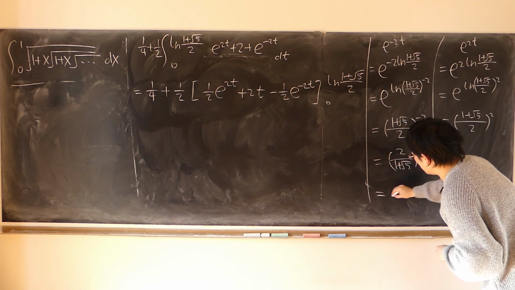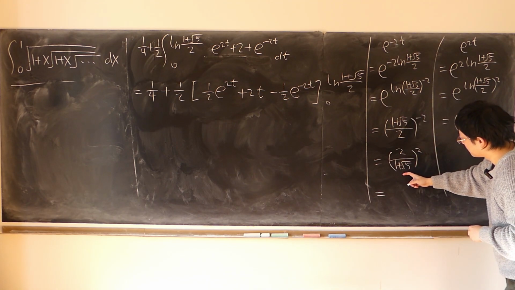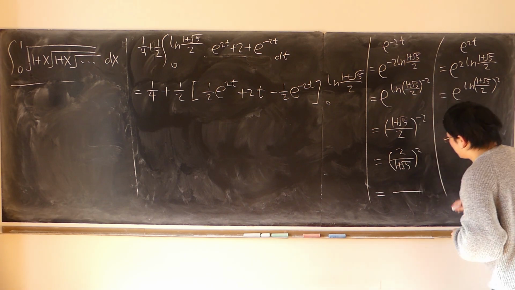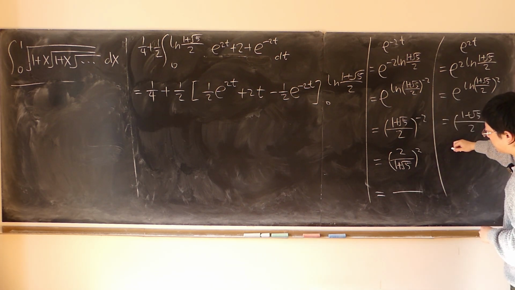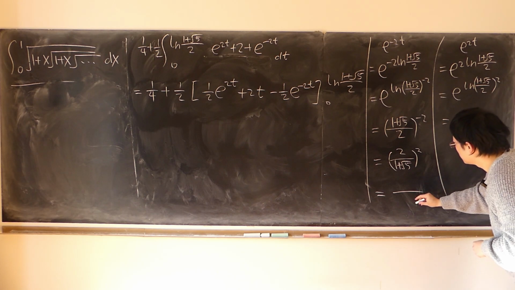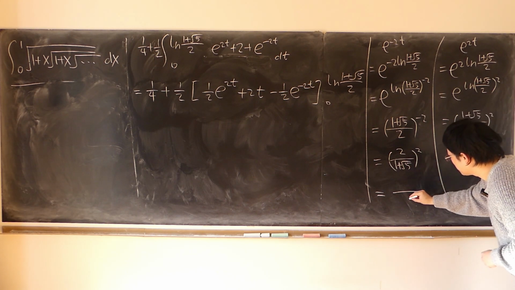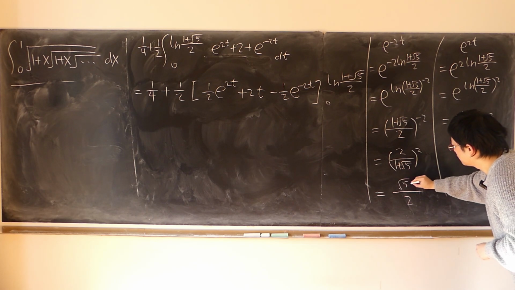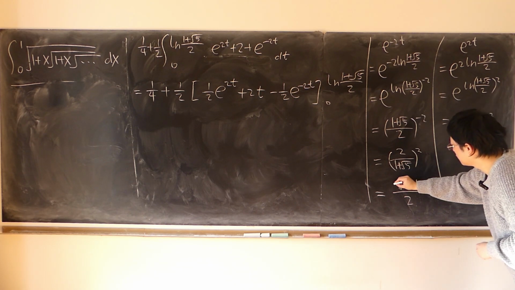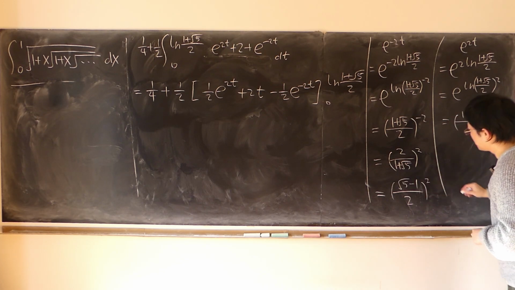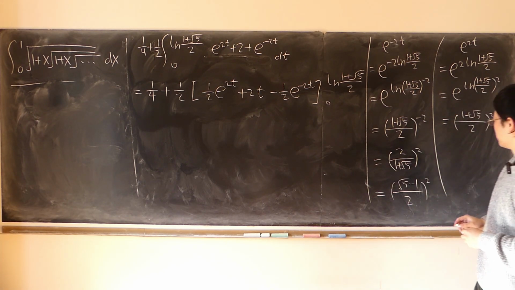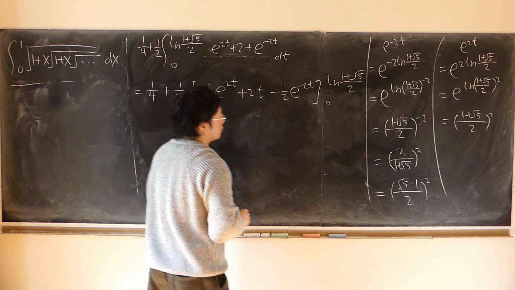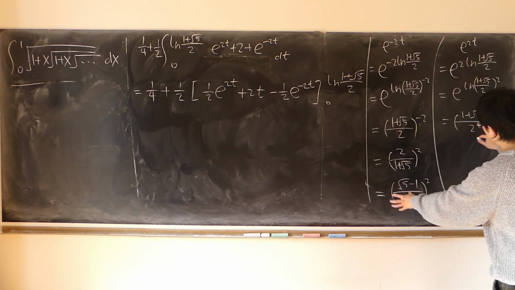But this I can multiply by its conjugate, square root of 5 minus 1. So 5 minus 1 is 4, 4 over 2, half. Square root of 5 minus 1, all together, no problem. So this is in the same form as the other one.